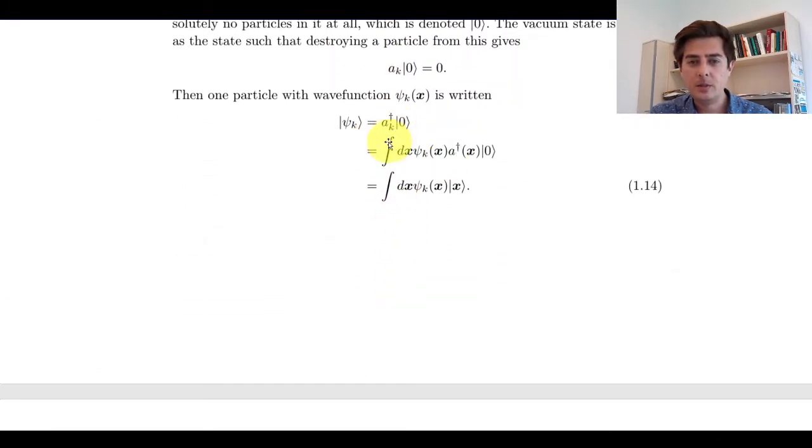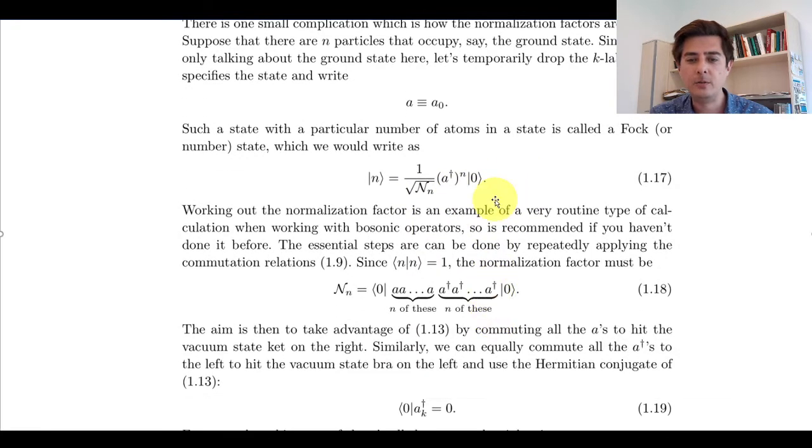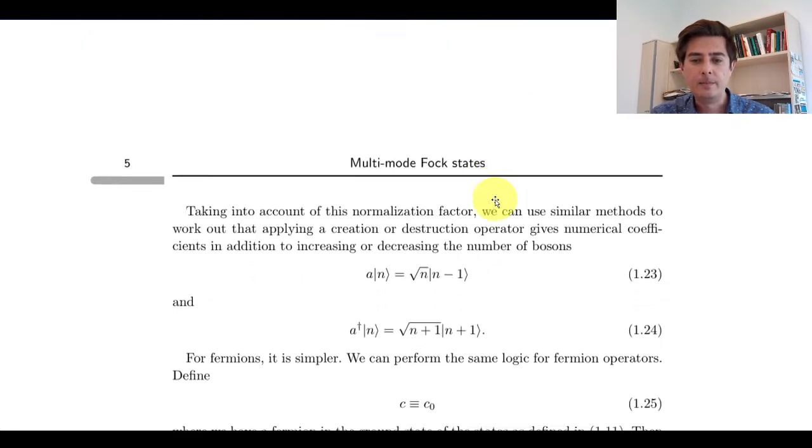This A_k operator denotes one atom in that spatial state. I've labeled it by k here, so the spatial wave function is psi of k. And then if many of these atoms occupy that same spatial state, this would be the type of state that we'd write down, and we talked about how to normalize the state properly and so forth.